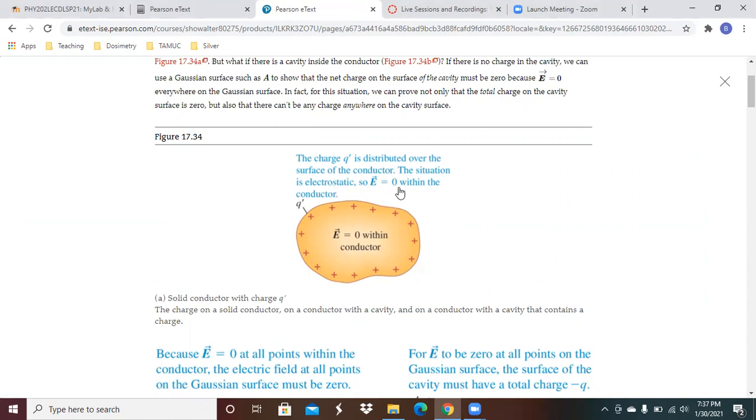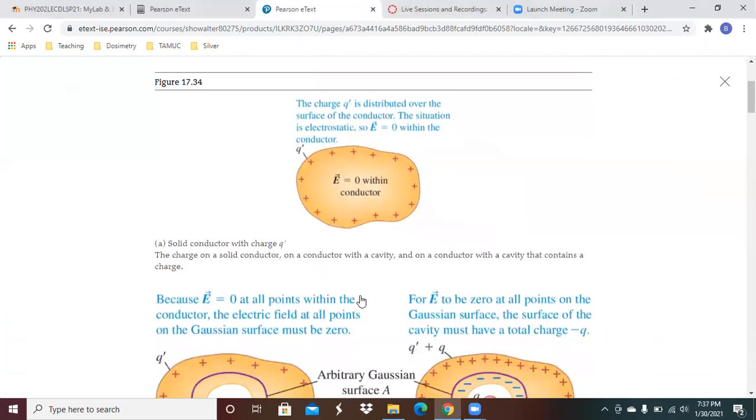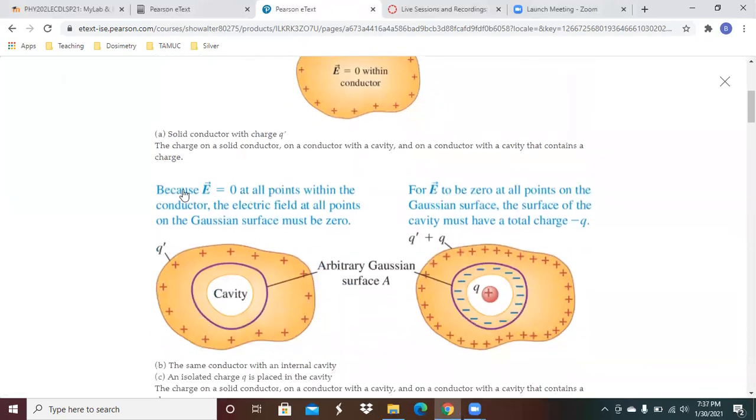So there is no electric field here within the conductor, nothing within the conductor. Because that electric field is considered to be zero at all points within the conductor, the electric field at all points on the Gaussian surface must be zero.